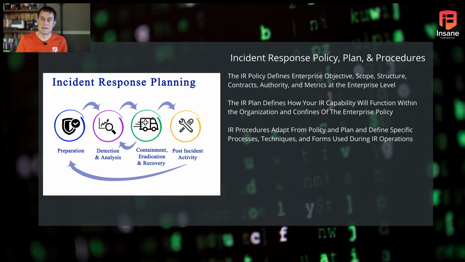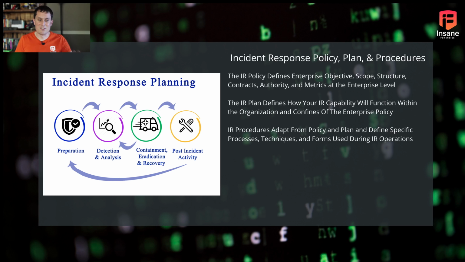In this document, it's important to draw a line between three parts of what people commonly call incident response plans. Coming from the NIST guidance, you really have incident response policies, incident response plans, and incident response procedures. A lot of people, when they talk about an incident response plan, actually jump down to the procedure side.